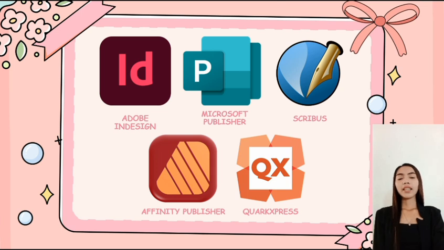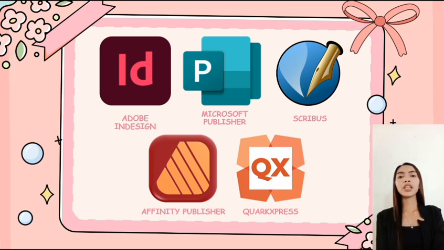Adobe InDesign is a professional desktop publishing software developed by Adobe Incorporated. It is widely used for creating brochures, magazines, newspapers, posters, flyers, books, and interactive PDFs. It offers advanced layout, typography, and graphic design tools.